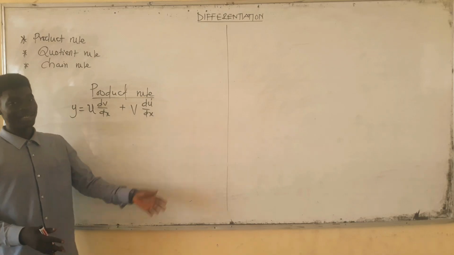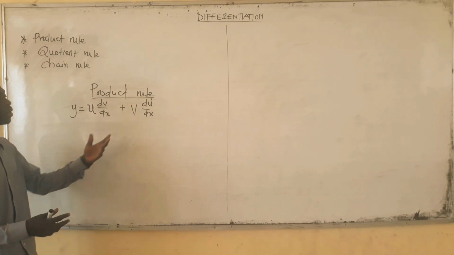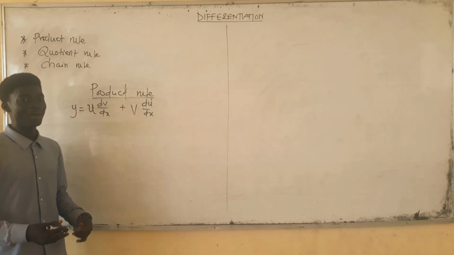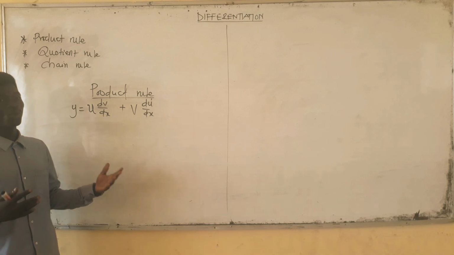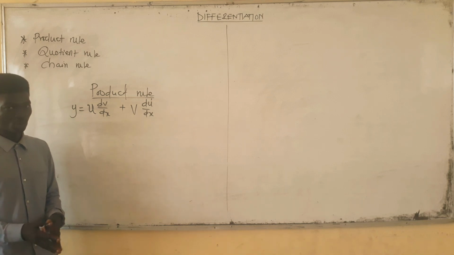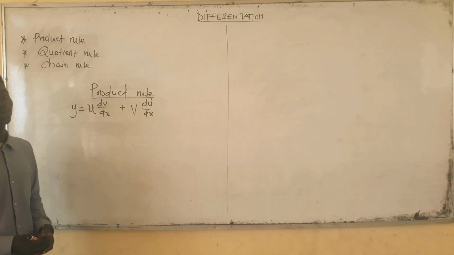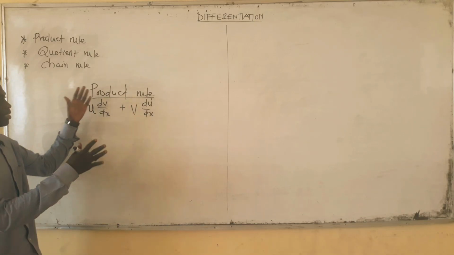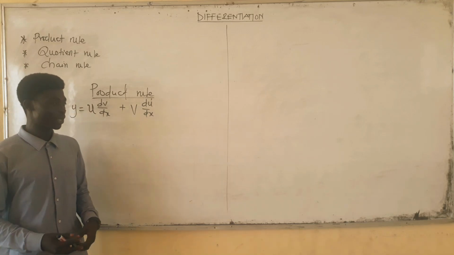And as I said earlier on, the question won't tell you to use the product rule, the quotient rule, or the chain rule. But with your understanding of differentiation, you should be able to know which formula to use and when to use them. Okay, so now let's look at some examples, and I'm going to explain how the product rule works when we are solving a practical question.